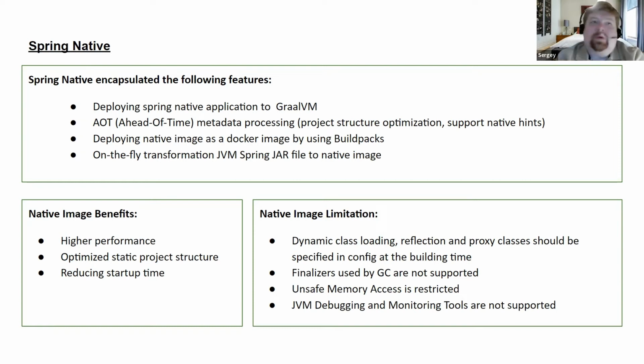Each class used by your application should be enumerated in a configuration property file, because the ahead-of-time compiler should check the particular structure of your project and create a graph of dependencies, so you are not able to change it at runtime.